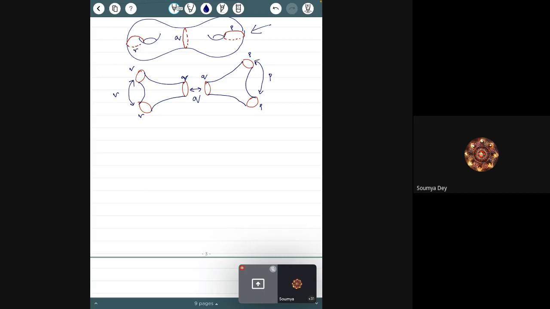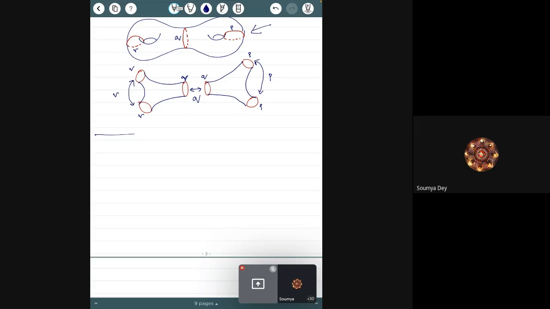Here what we are seeing is you start with any surface S, and suppose you have a pair of bands decomposition of that. It can be checked that always the number of band curves for a genus g surface is 3g minus 3.